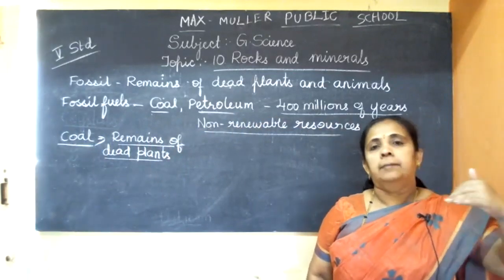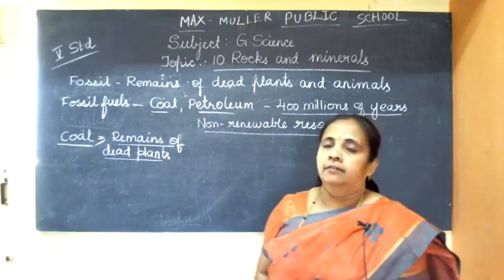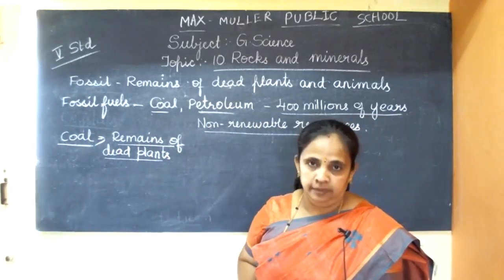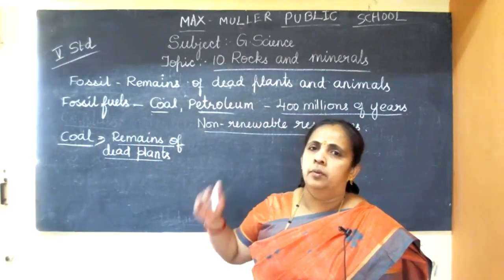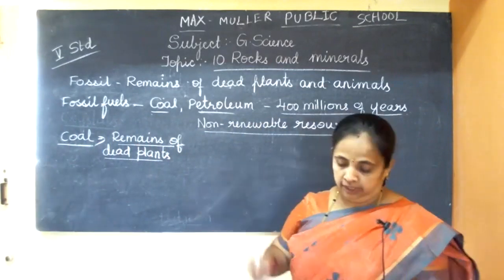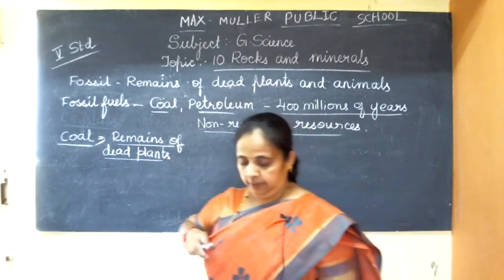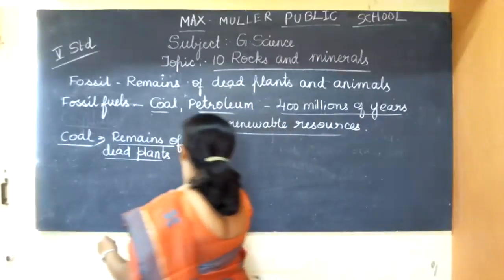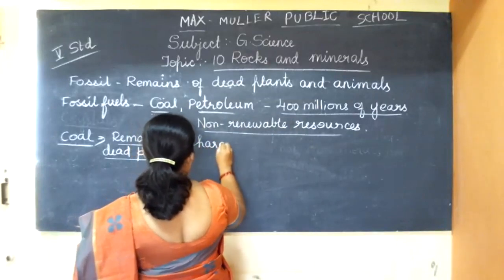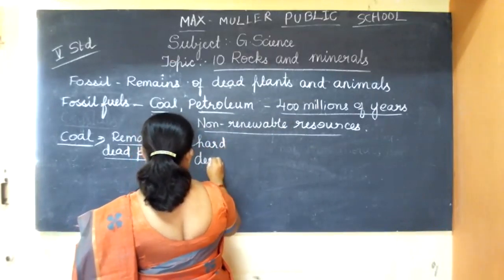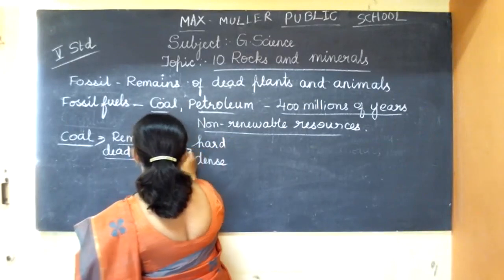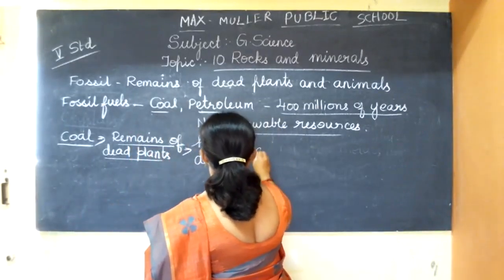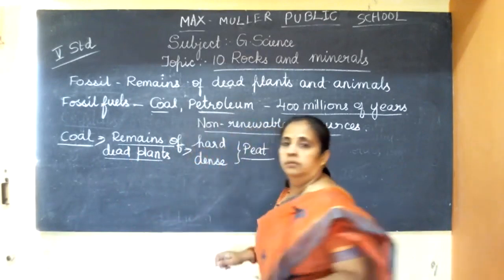Layer upon layer gets deposited. Because of the heat and pressure, the layers become very hard and thick. Over years, this changes into a hard and dense material called peat.